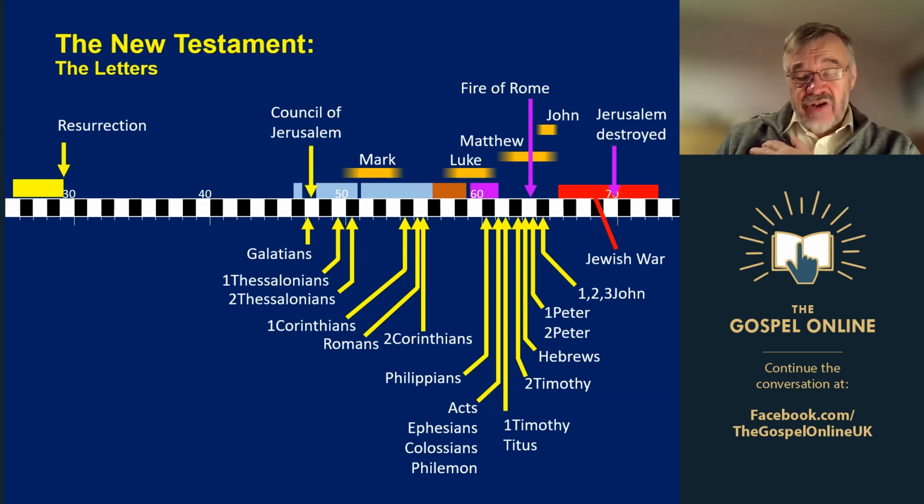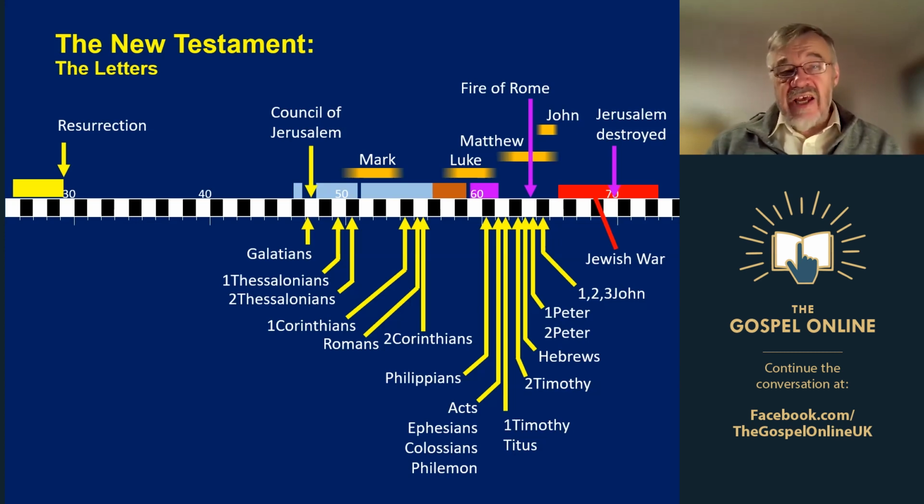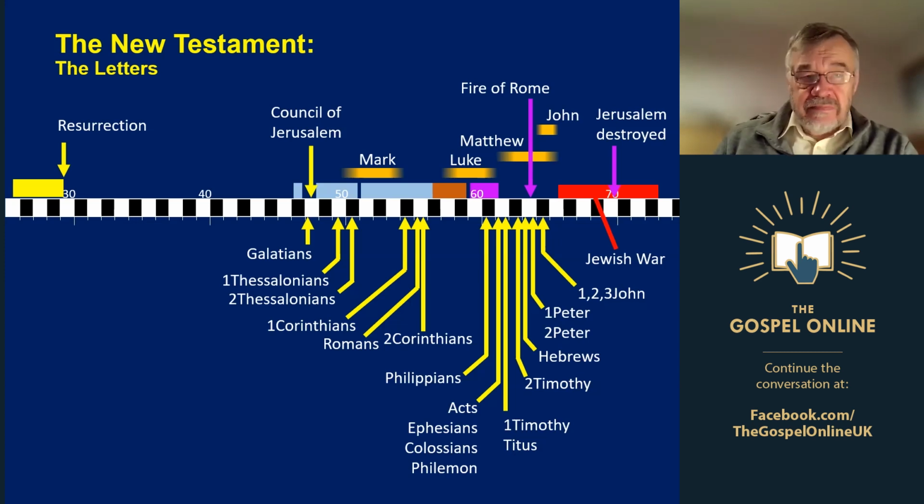But with things like Galatians, you can say it was early in the year, probably early March or late February, when Paul is setting off for the Council of Jerusalem. And you can identify Romans as being written at the end of Paul's stay in Achaia, in a particular part of the Acts narrative, and so on.